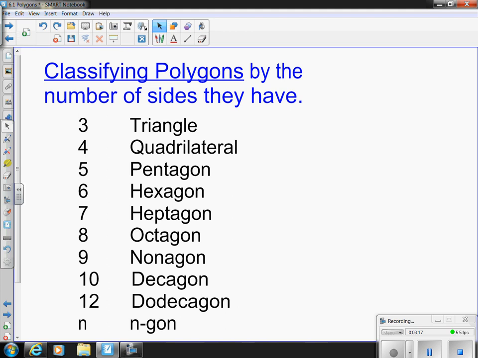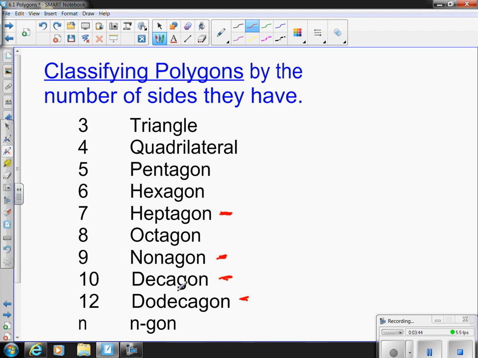Classifying polygons by the number of sides. A lot of these you should already know, like a triangle, quadrilateral, pentagon, hexagon. Heptagon is probably new for most, so you might want to study that one. Octagon, like a stop sign. A nonagon, a decagon, dodecagon.